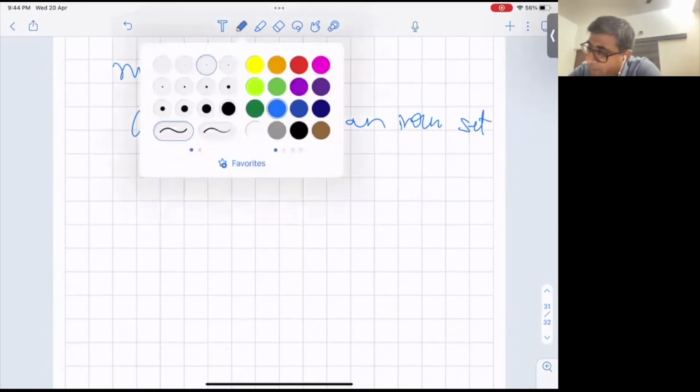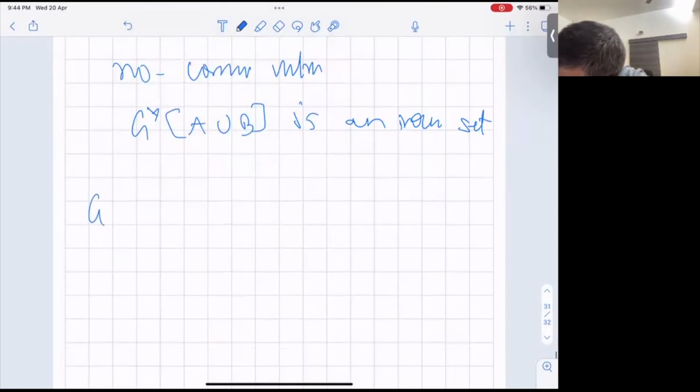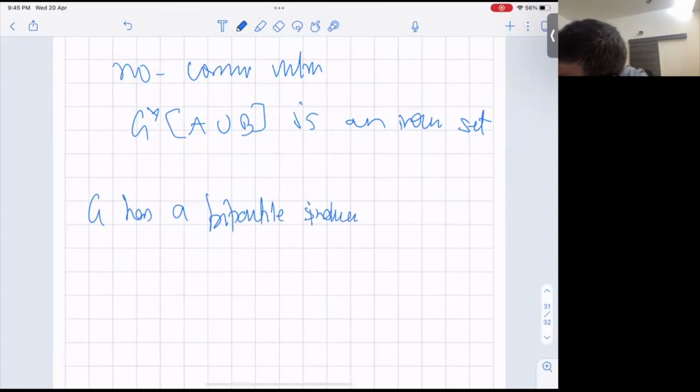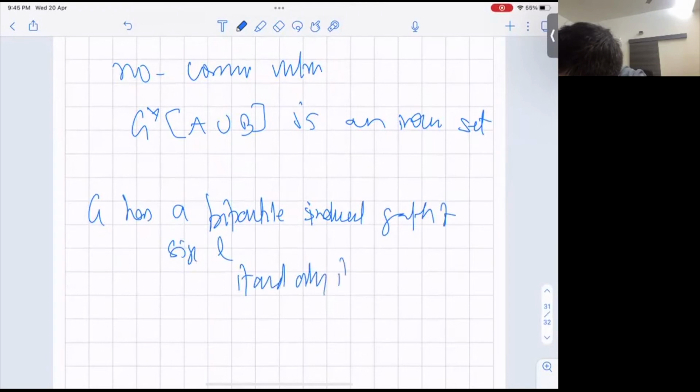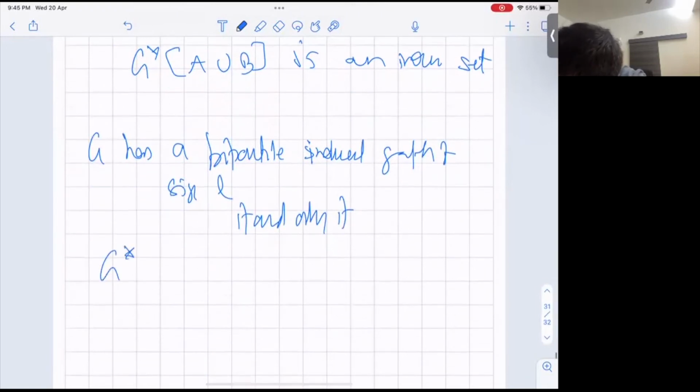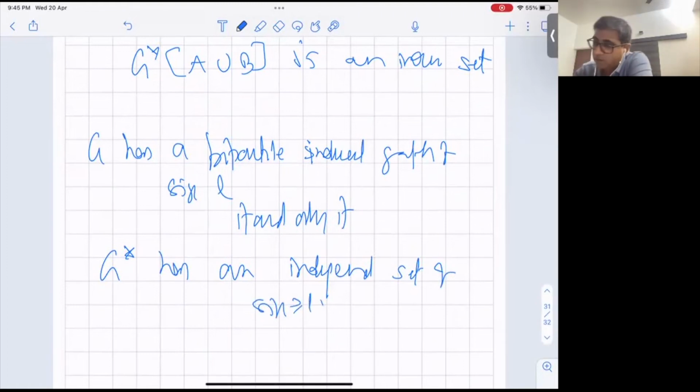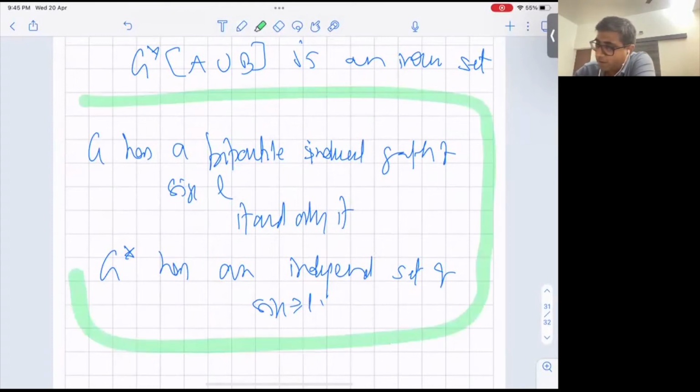We can say G has a bipartite induced subgraph of size L if and only if G star has an independent set of size L. Is that fine? Is this statement fine with everybody?